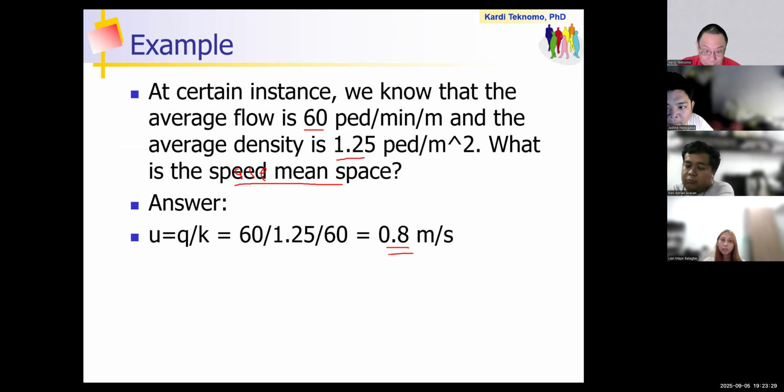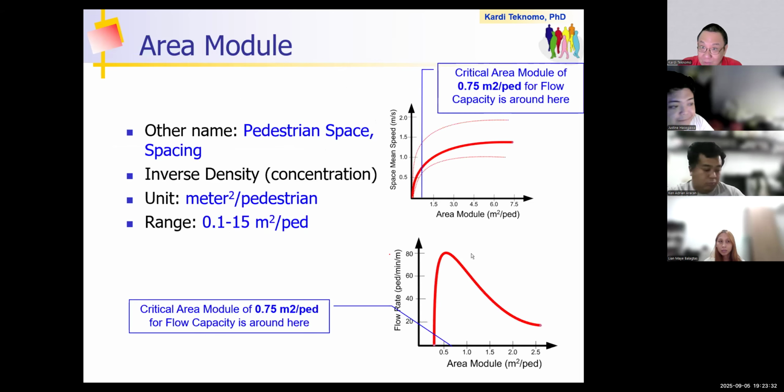For pedestrians, sometimes we use what is called pedestrian space or spacing, the area module. It is just 1 over density, sometimes called concentration. These are the graphs between area module and the speed and the flow rate, typically something like this. And this is the critical area, around 0.75 square meters per pedestrian.